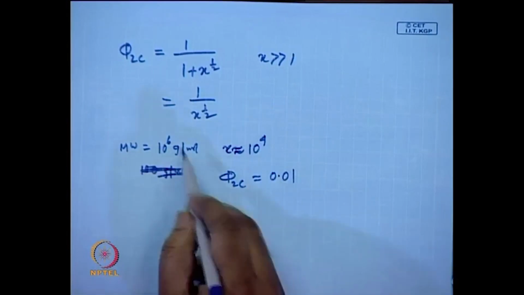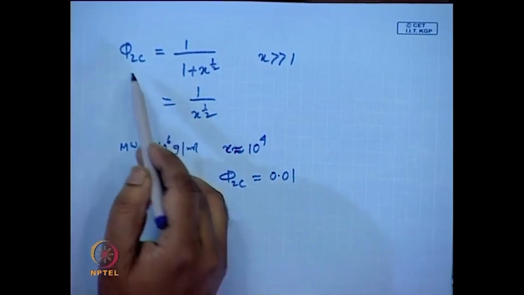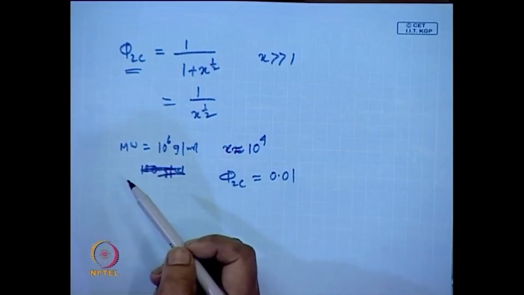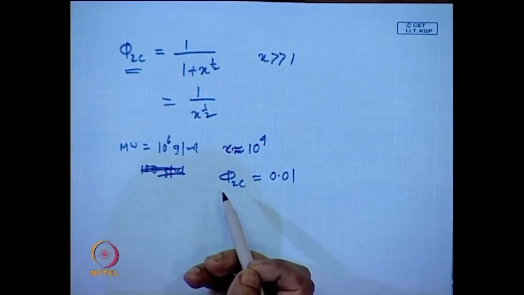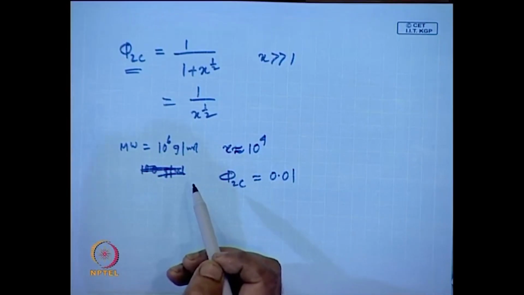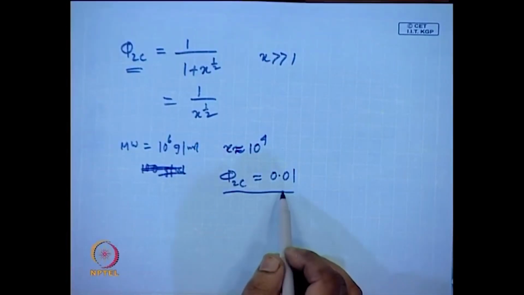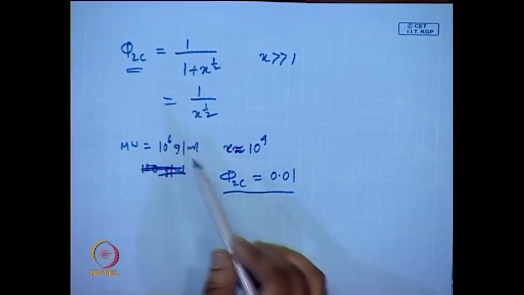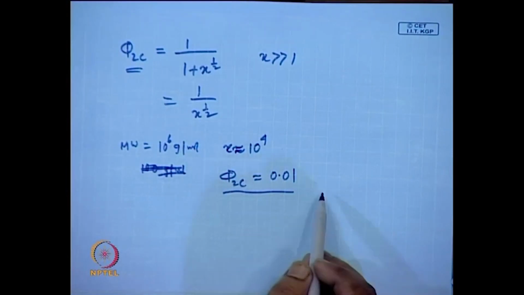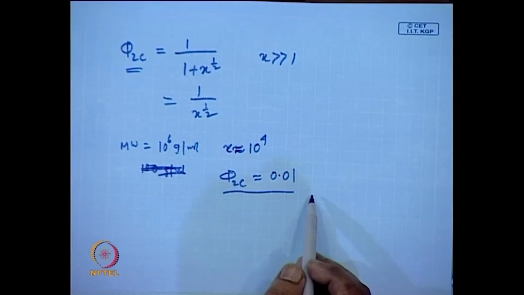So basically if you have very high molecular weight, then the concentration at which the system goes from a one phase system to a two phase system is very low. If your polymer molecular weight comes down, then this goes to a little higher concentration.